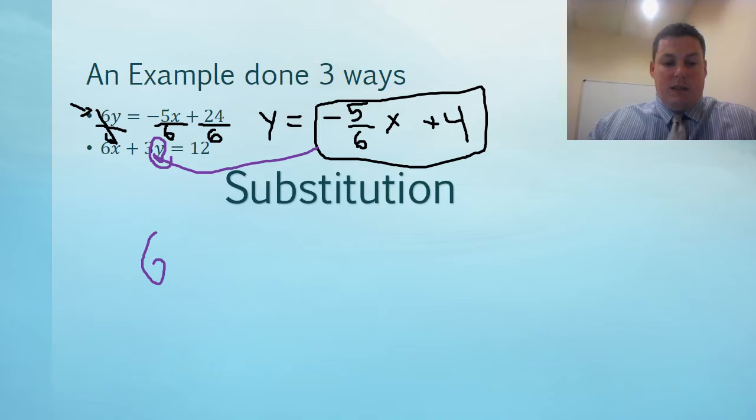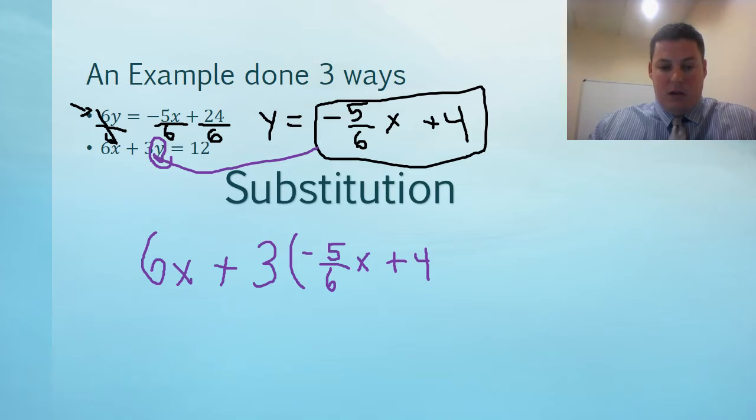So now I have 6x plus 3 times negative 5/6x plus 4 equals 12. So when finding x, I need to distribute first.